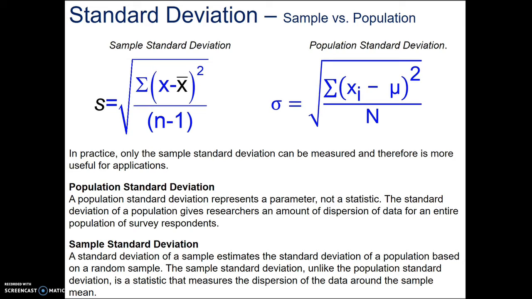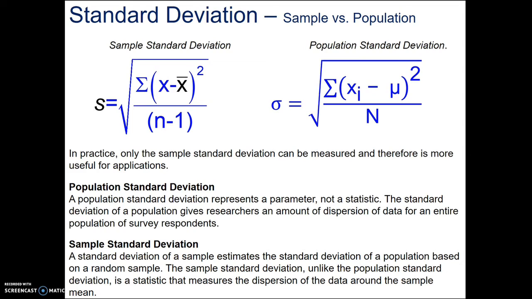So when we say a parameter versus a statistic, a parameter is a number that covers absolutely everybody, whereas a statistic is just a chunk of that group. Can you extrapolate that out to represent what the entire population might look like? So in reality, sample standard deviations are really the only ones we can necessarily use.